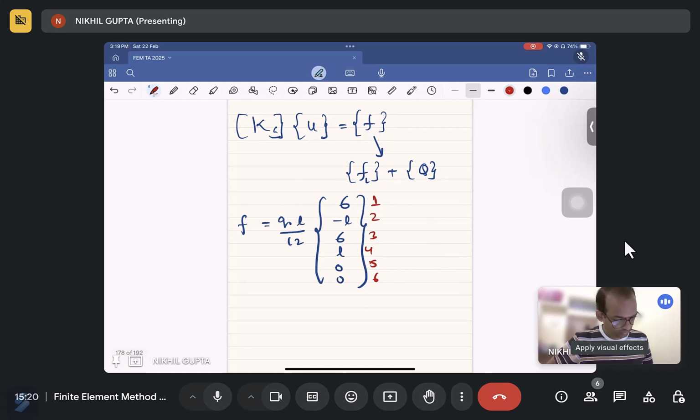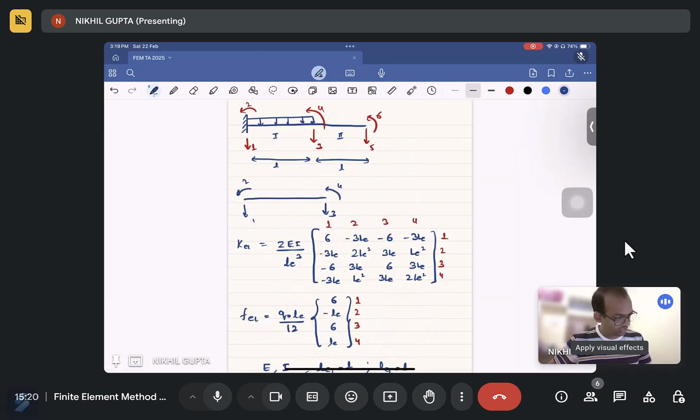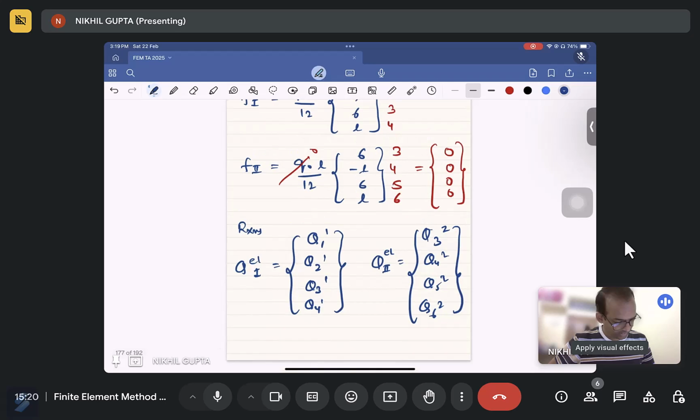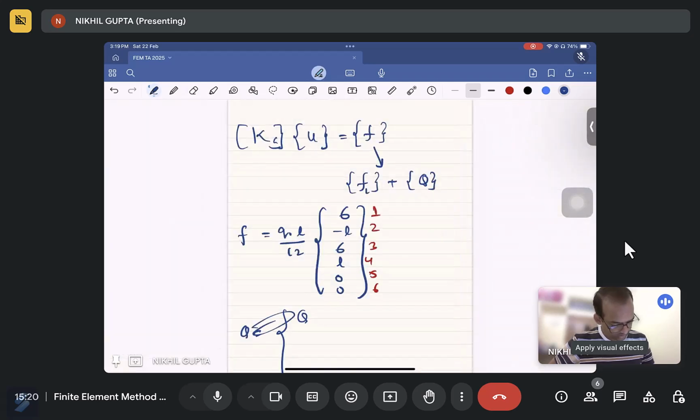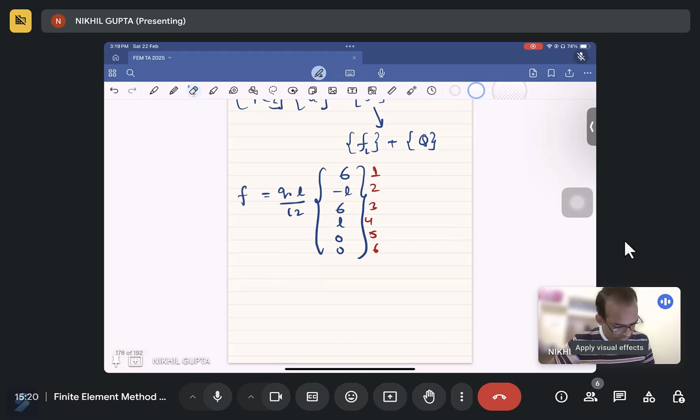And for Q, now Q will be full Q1. Now we can see one more thing, the reactions, which reactions are acting, then we can write this. So we can reduce this and we can write the beam which is like this.